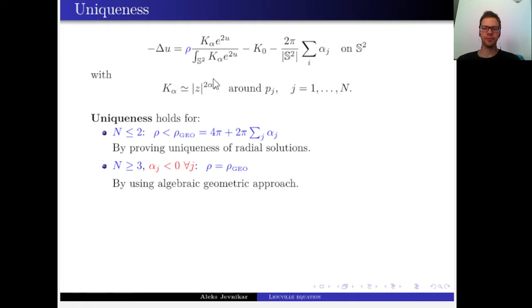Again, this is proven: you have just a unique spherical metric with that property. And the method is completely different, so you cannot pass through radial solutions anymore, and you use some algebraic geometric approach, which is quite different in spirit.